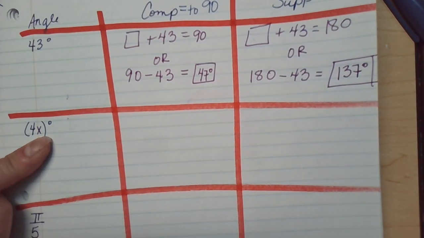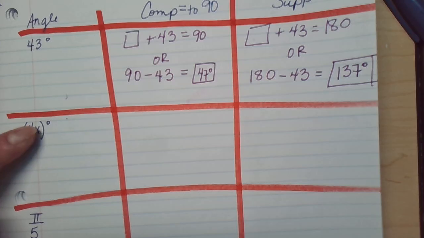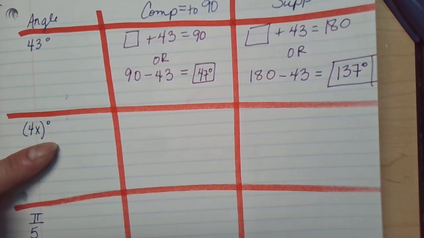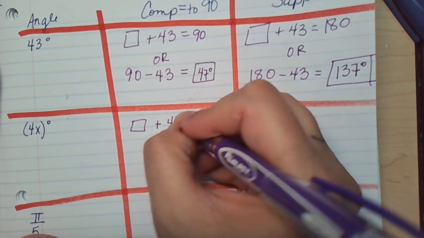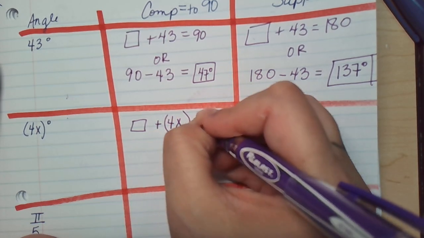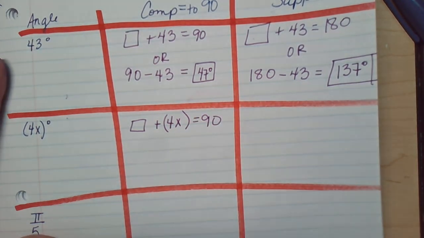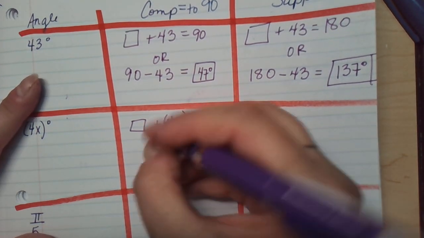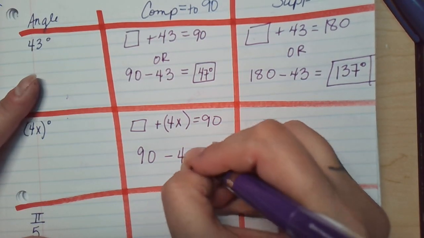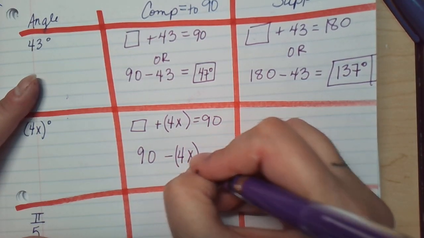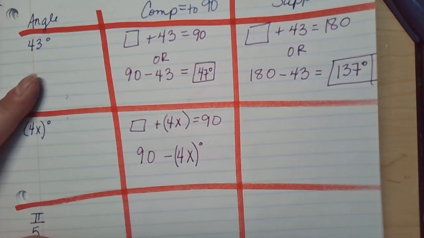Let's go to this next one. This says 4x degrees. That's a little degree symbol. All right, instead of thinking, what plus 4x gives you 90, we're going to go backwards. We're going to say 90 minus 4x degrees will give you the angle we want.